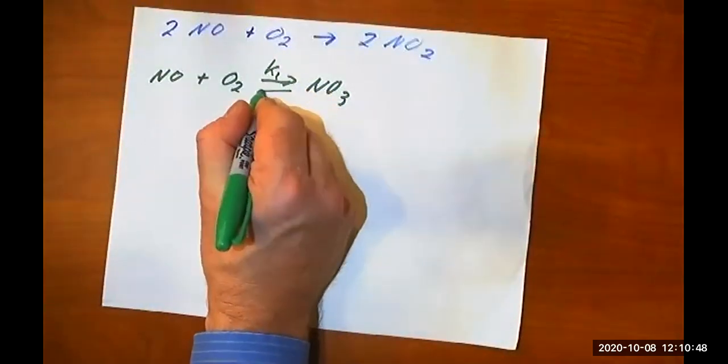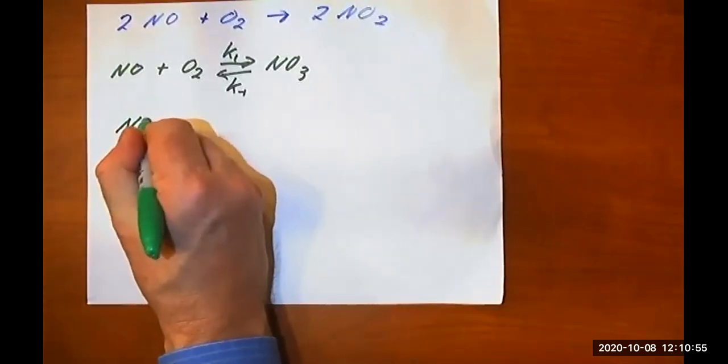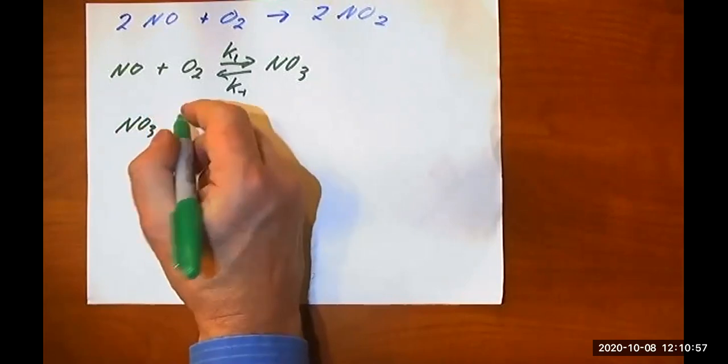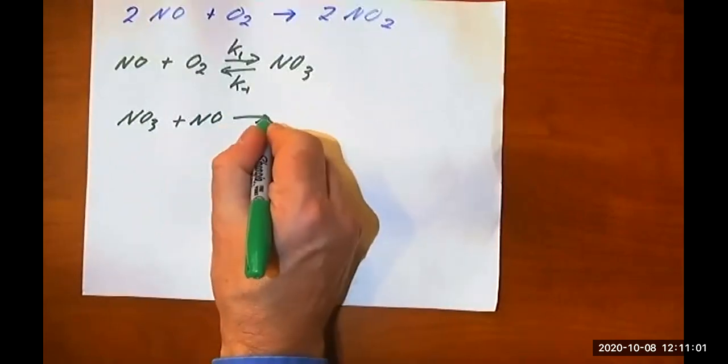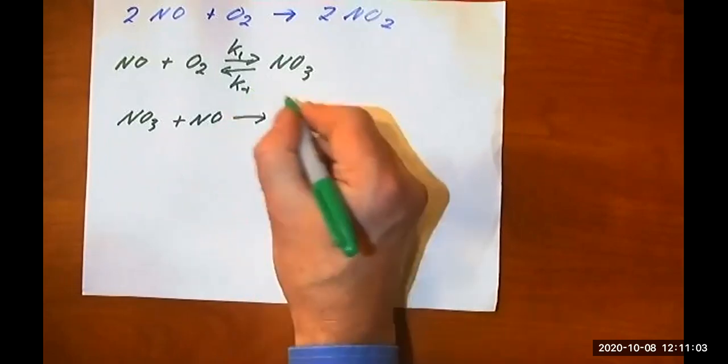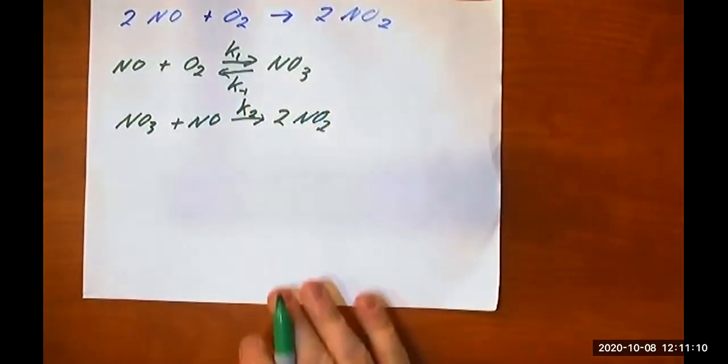We will say that this is a reversible step, so we'll have a K-1 associated with it. And then NO3 plus NO goes to 2NO2. We'll call that K2. So that's one possible mechanism.